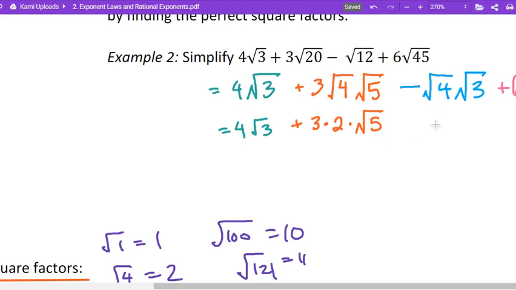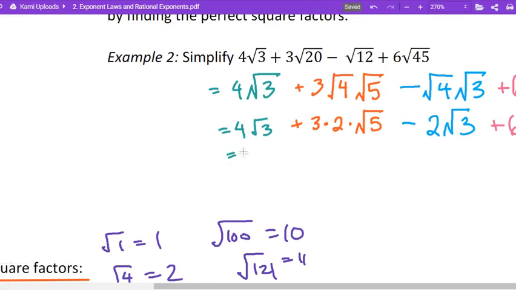Again, I'm showing a lot more steps than are necessary. In the light blue expression, root 4 is just 2, so I get 2 root 3. And in the pink expression, root 9 can be simplified to 3 root 5. Okay, so let's simplify further.